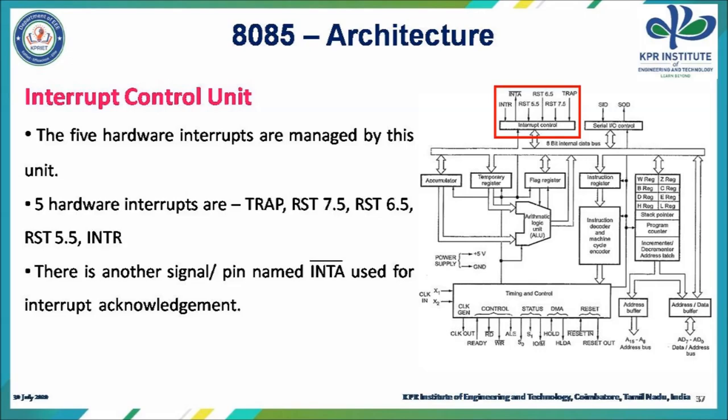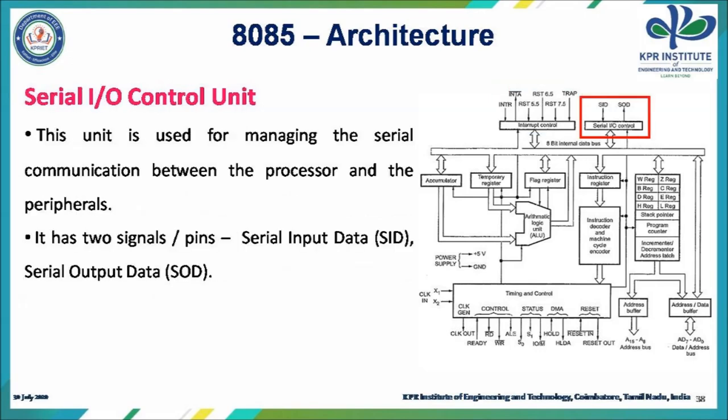So these 5 hardware pins are managed by the interrupt control unit. This interrupt control unit checks the priority of the interrupts, and also it is used to send the interrupt acknowledge to the peripheral device.